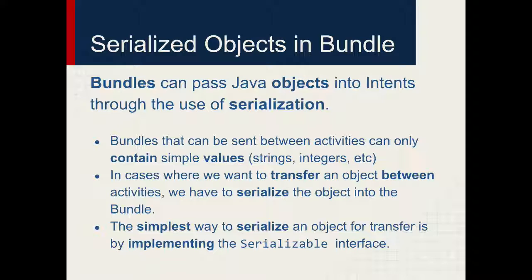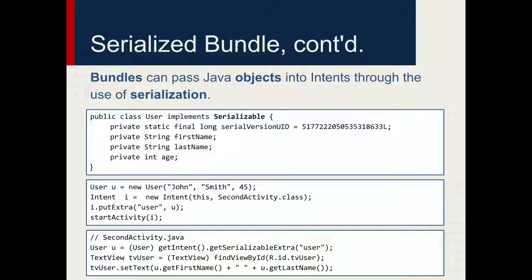So serializable. If you create a new class, say object, you have to implement serializable, and then it will request for you to have this serial version UID that you have to specify.